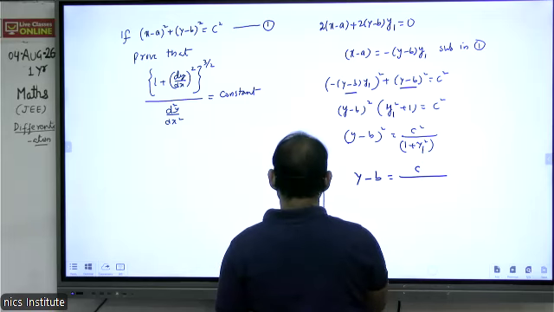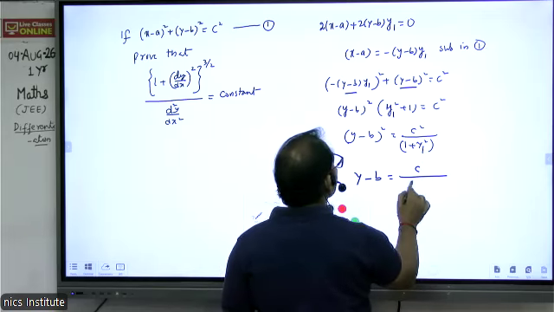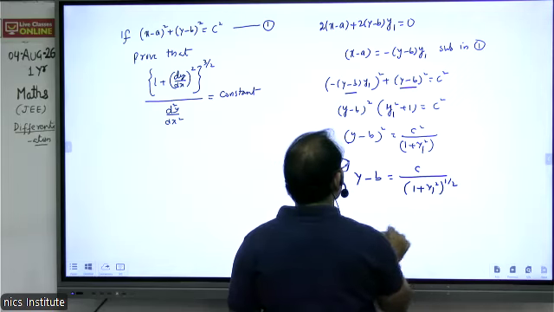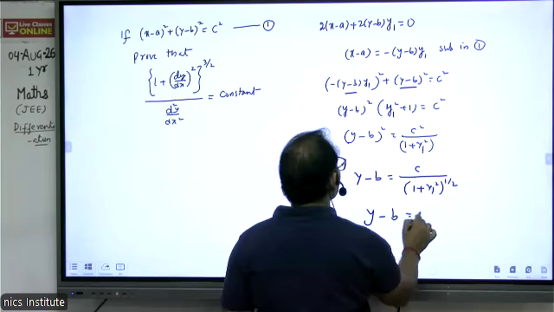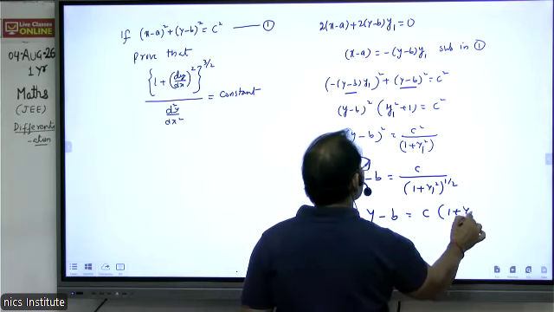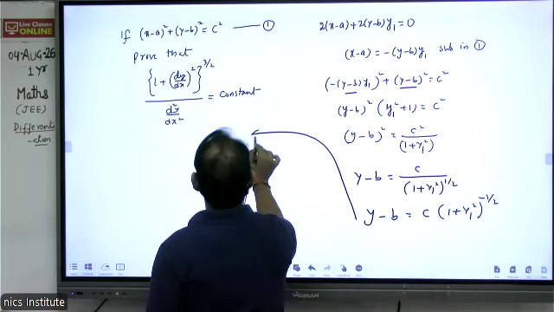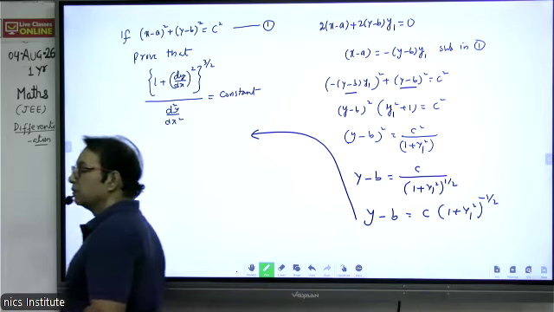So now I take root, so it will be 1 plus y1 square to the power half, right? So y minus b is equal to c into 1 plus y1 square to the power half. Now differentiate this, and in the next step you get your answer.